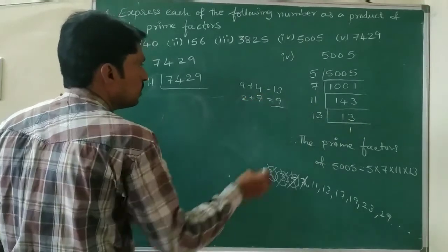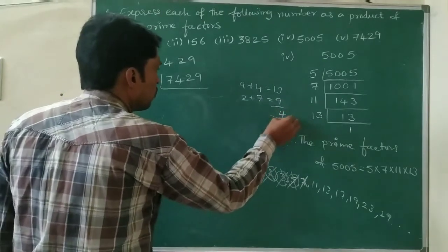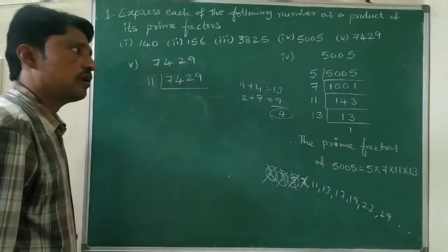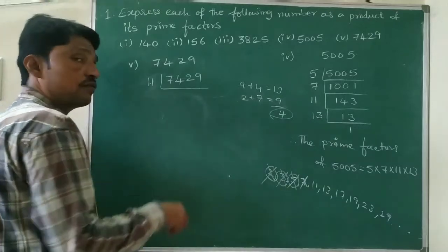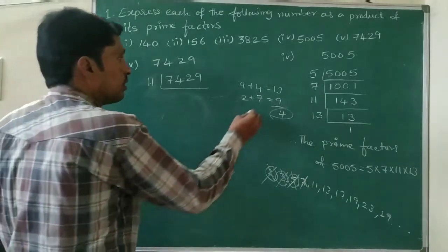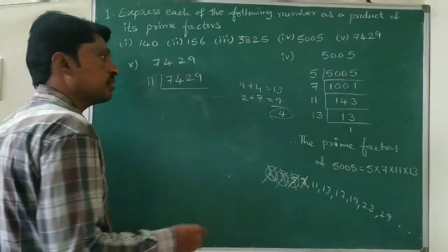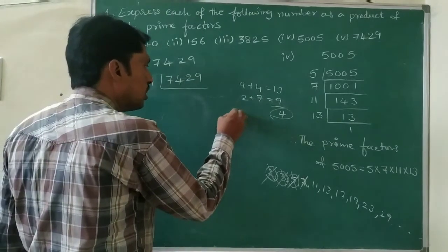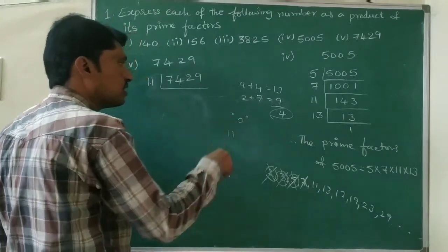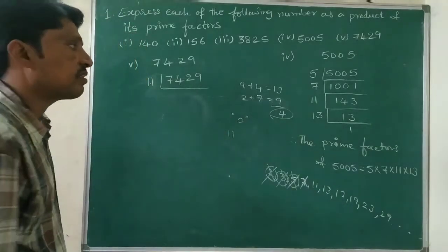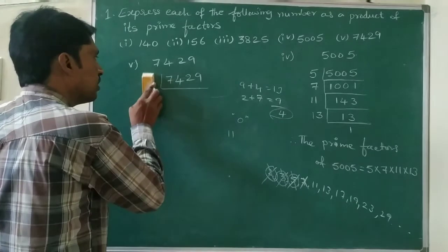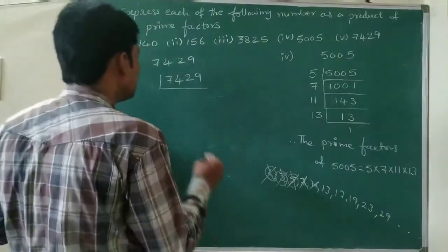So the difference we got here is 4. What is the divisibility rule for 11? The difference between the sum of even place digits and odd place digits must be 0 or a multiple of 11, then it is divisible by 11. Otherwise it is not divisible by 11. Means 11 also not possible.